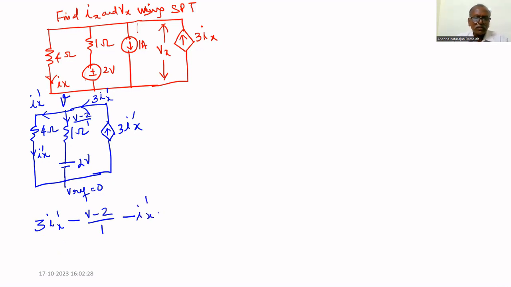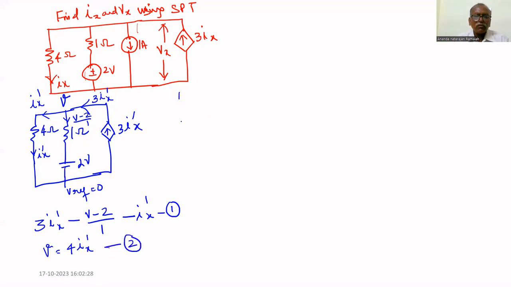But this is one equation. We can write the expression for V. V is the voltage across this dependent source, or across the 4 ohm, because there is no other source across the 4 ohm and the dependent source. So what is the voltage across the 4 ohm resistance? Therefore, V equals 4 times Ix dash. That is the second equation.